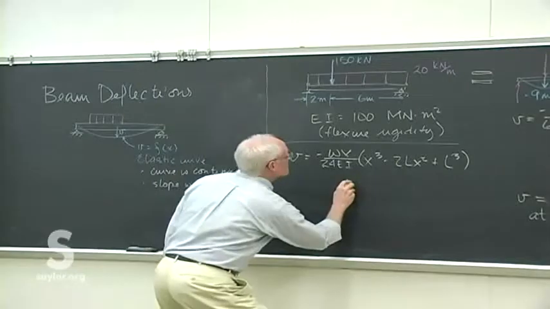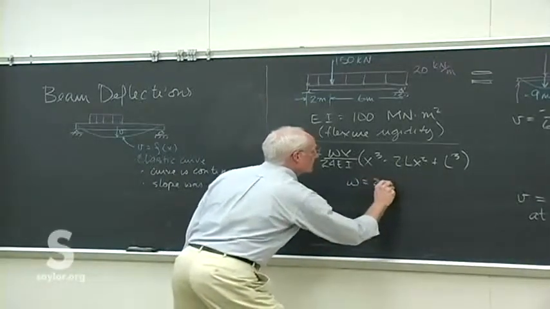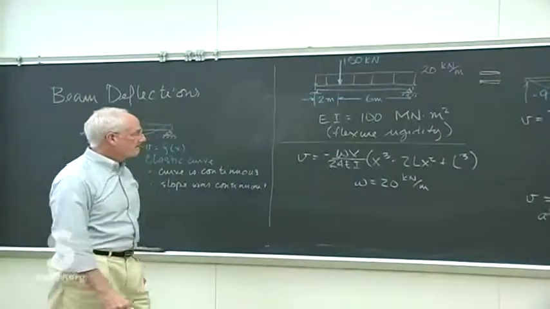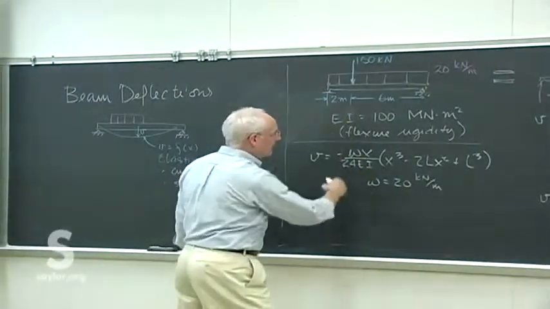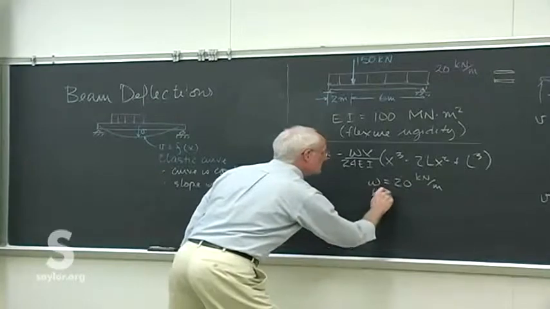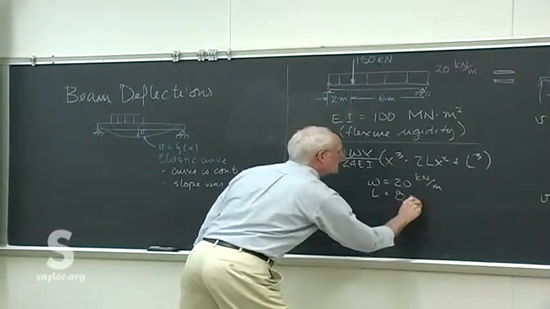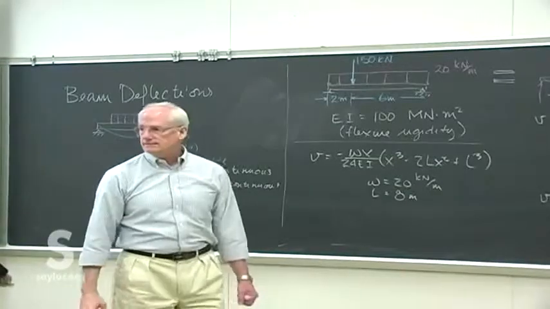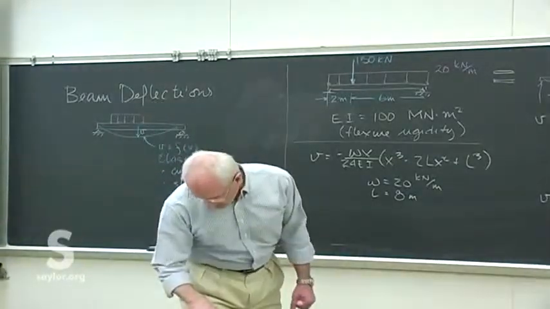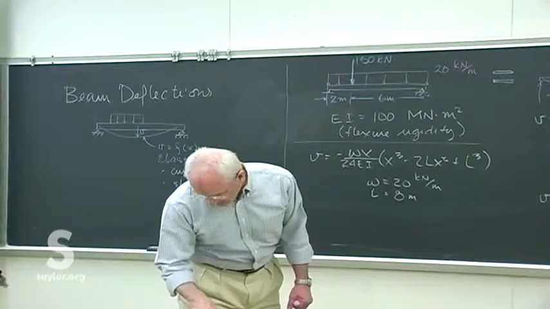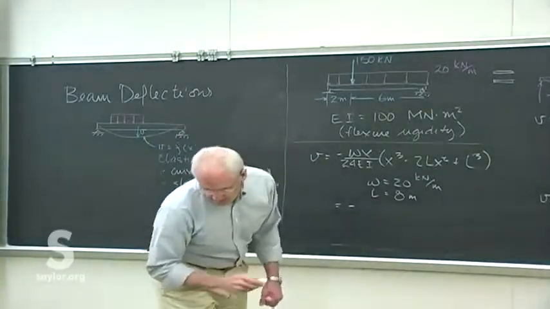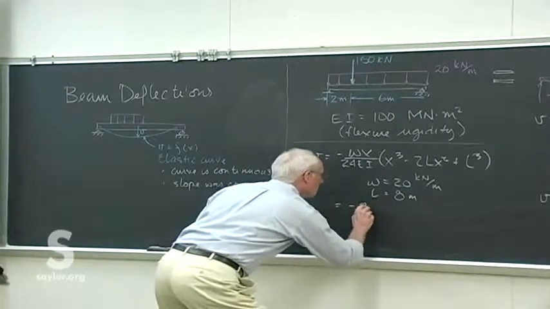And of course, we just set our values to what we were given in the problem. W is the 20 kilonewtons per meter. EI we've got. L, of course, is 8. And for that one, that's all we need to know. Well, yeah, I do have it reduced, just for simplification here.